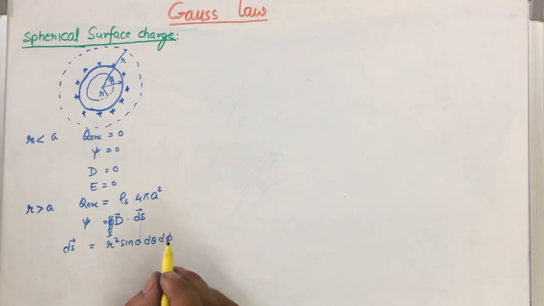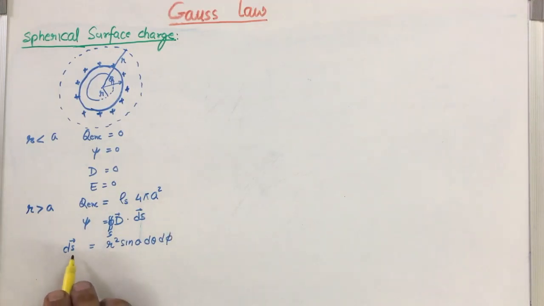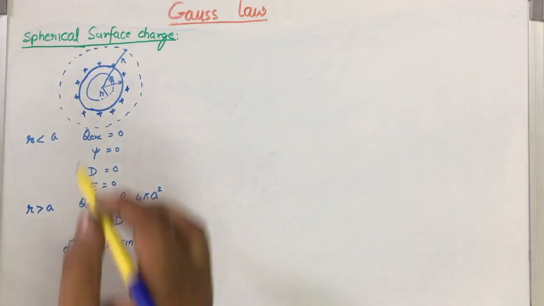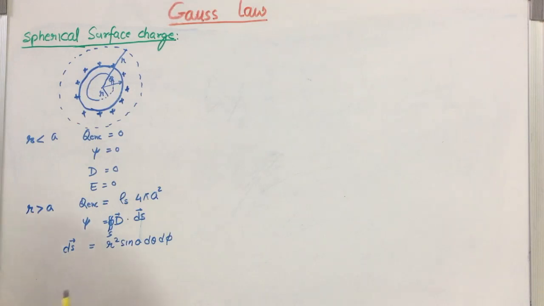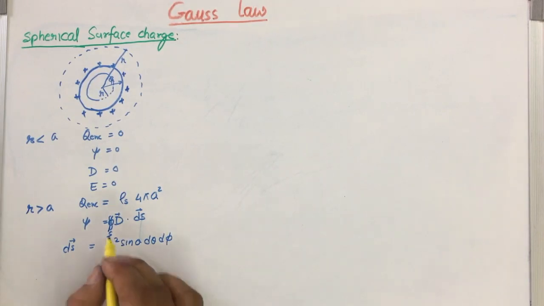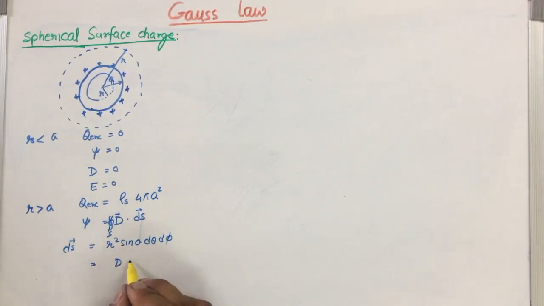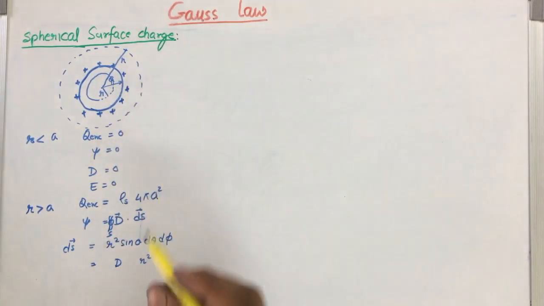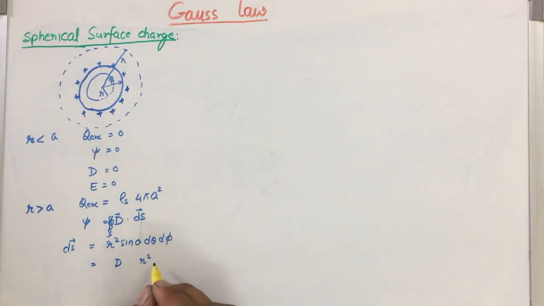This is the dS in the direction of the radial vector. Both are in the same direction, so cosine of 0 is 1.